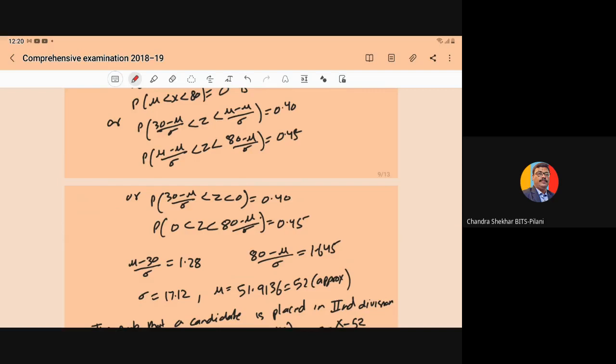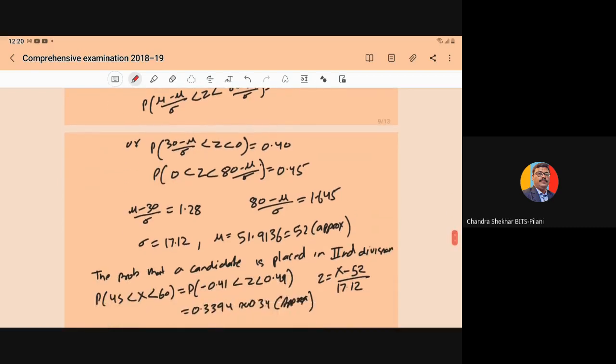On solving, you will get probability of (30 minus mu) upon sigma less than z less than 0 is equal to 0.40, and probability of 0 less than z less than (80 minus mu) upon sigma is 0.45. So this will become (mu minus 30) upon sigma as 1.28, and (80 minus mu) upon sigma will become 1.645 from the table. If you see the table, we have this value.